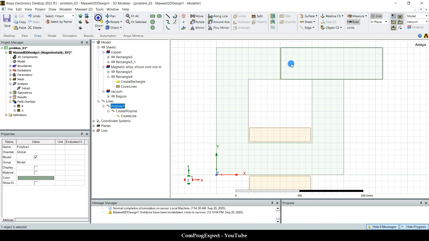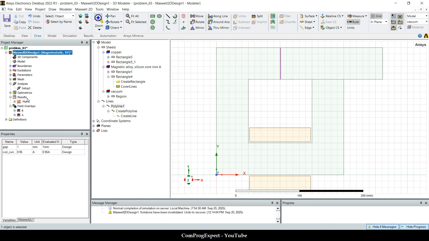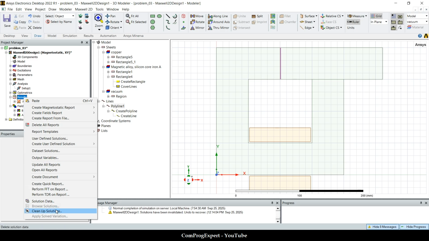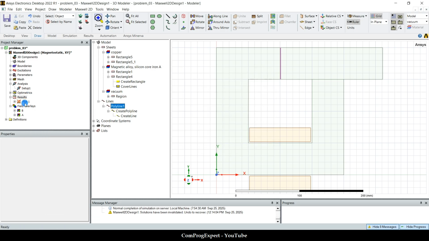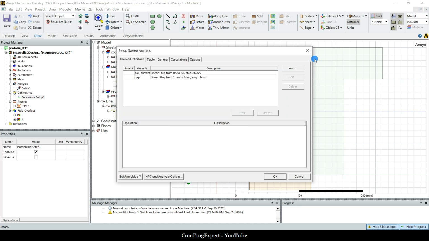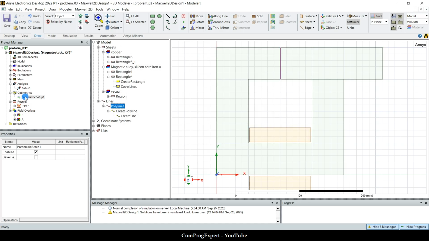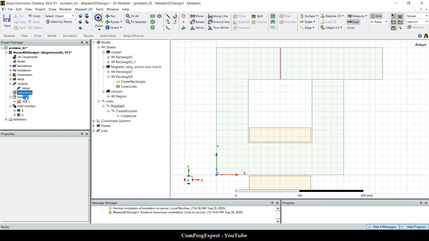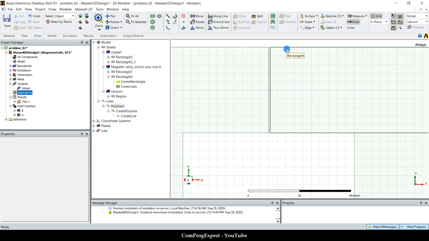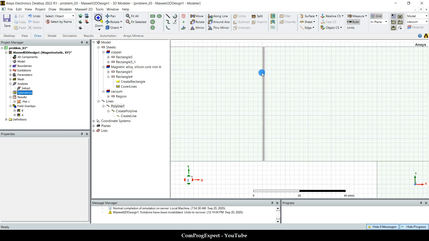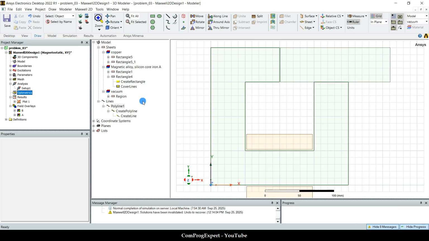So in this case, let's clean up the previous solutions. I want to do a parametric analysis. Let's delete this parametric analysis. I want to change the value of the coil current and check when we have 0.5 Tesla in the air gap.